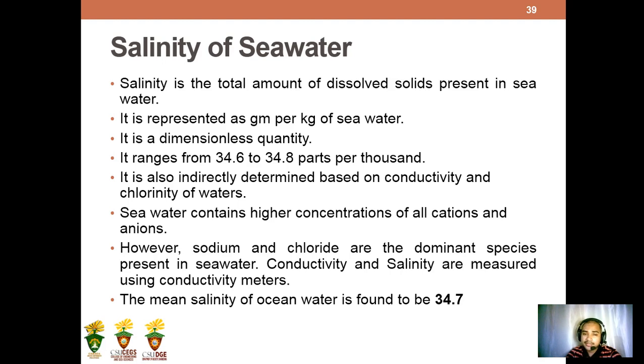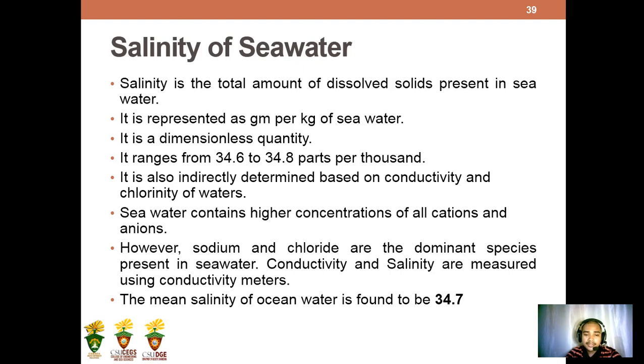This quantity is dimensionless and usually ranges from 34.6 to 34.8 parts per thousand. Salinity is also indirectly determined, usually based on the conductivity and chlorinity of the water.